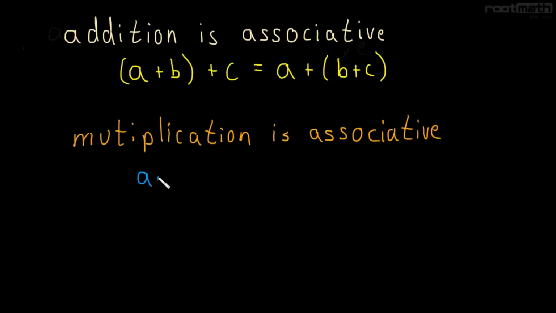So we write that as A times B as a group times C is equal to A times the group B times C. So it's the same thing, and let's see an example of this.